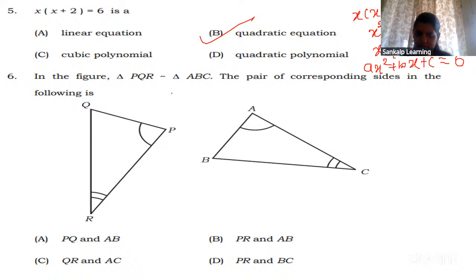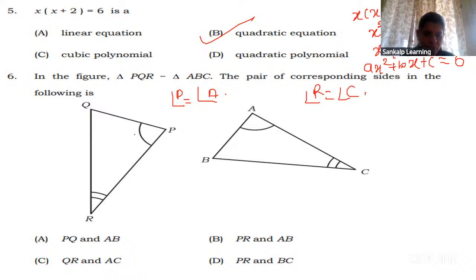So angle P is corresponding with angle A. Next, Q is corresponding with B and R is corresponding with C, because here two marks are there. Now, what they have asked: which pair of corresponding sides in the following is, that means which sides are corresponding here, that we need to find out.